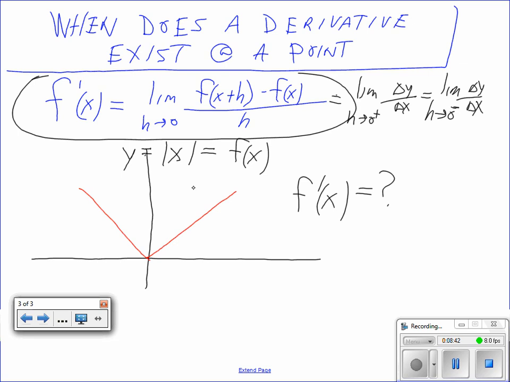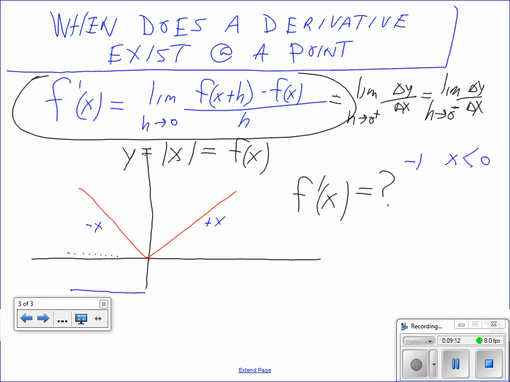What is the slope of this line over here? Well, we know this is just equal to negative x, is it not? That's equal to negative x. That's equal to positive x. So over here, the slope is negative 1. So it looks like that. It's equal to negative 1 when x is less than 0.